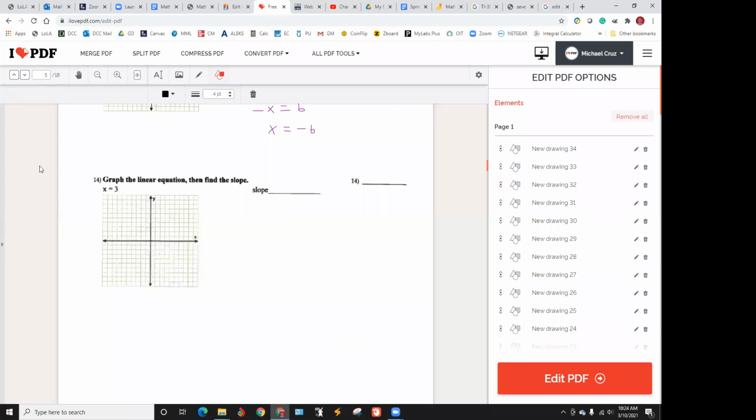All right. Now, one of the things when you're graphing these special types, either the x is equal to or the y is equal to, it's helpful to remember which one is the vertical and which one is the horizontal. When x is equal to any number, in this case 3, we're simply going to go over here, 1, 2, 3.